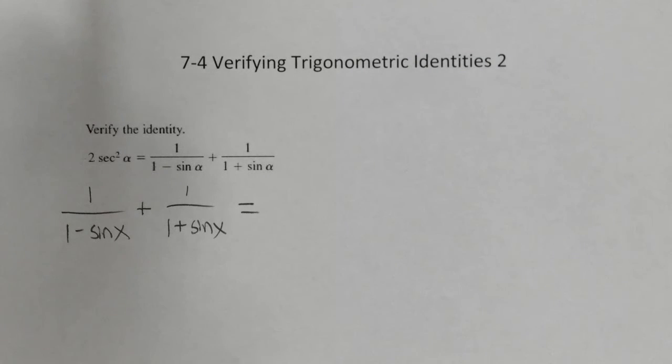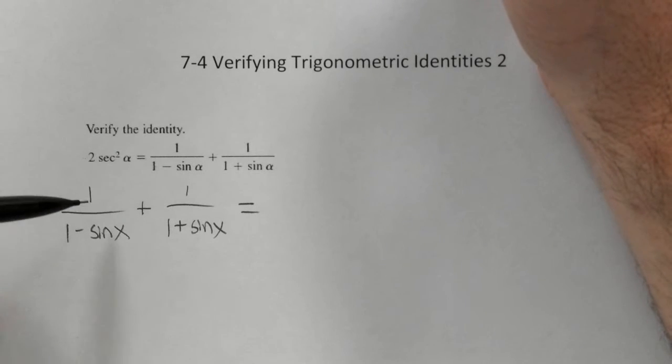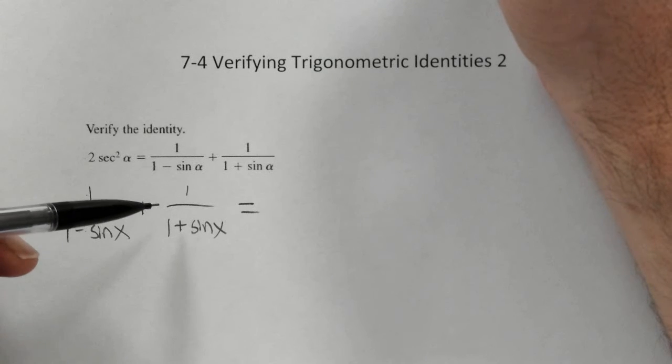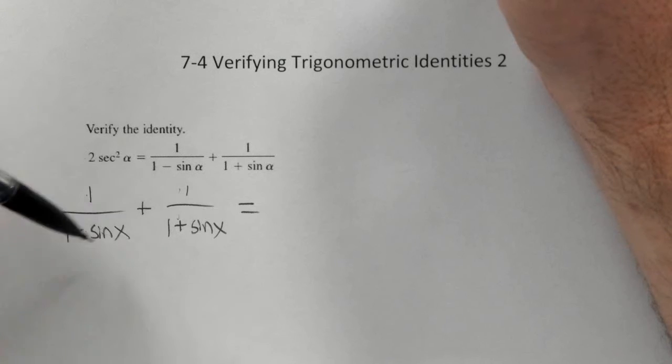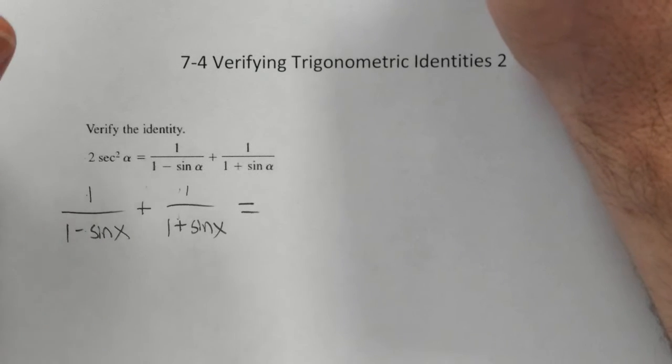Well, we can see if we can develop a common denominator. If I multiplied this fraction by this common denominator, top and bottom, and then multiplied this fraction by this, top and bottom, that would result in a common denominator.